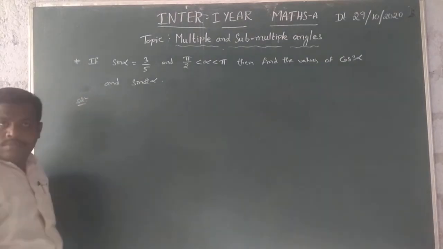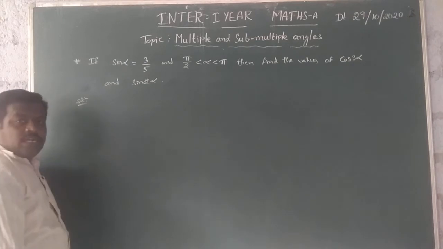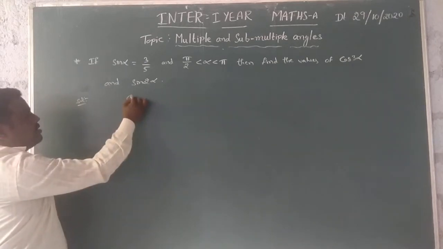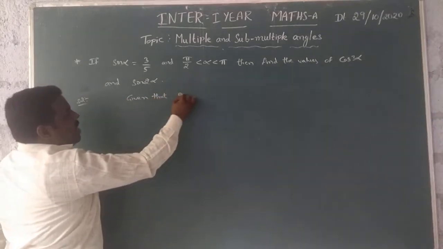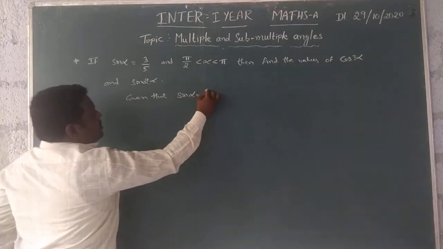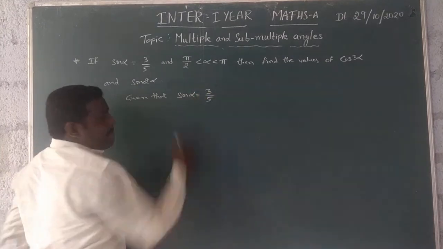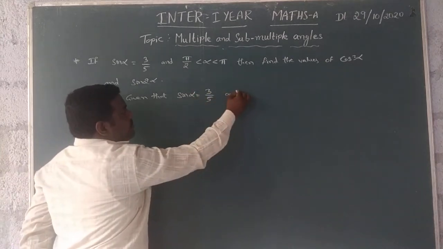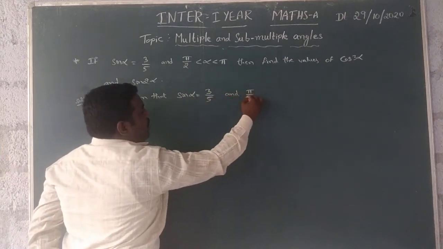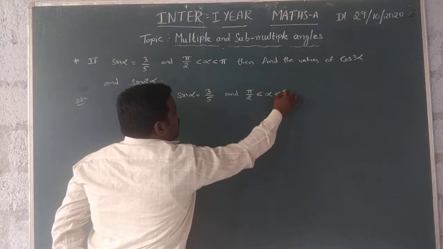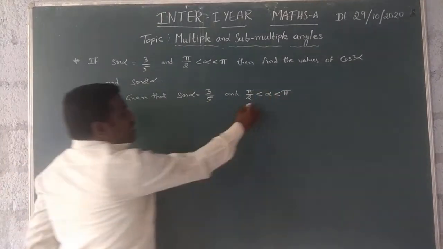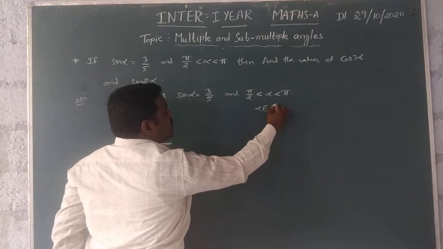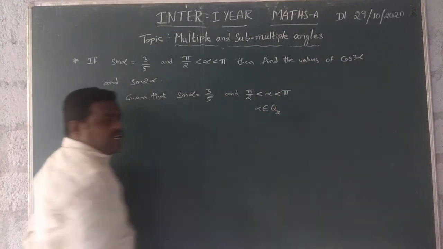Okay. So first of all we write the given conditions. The given values are sin alpha is equal to 3 by 5 and alpha is between 90 and 180, above 90, below 180. Then alpha is in which quadrant? Second quadrant.